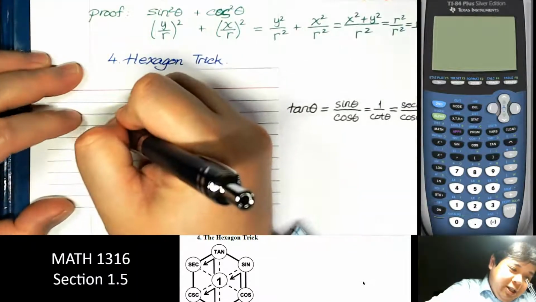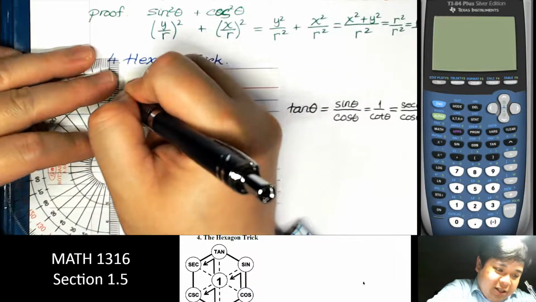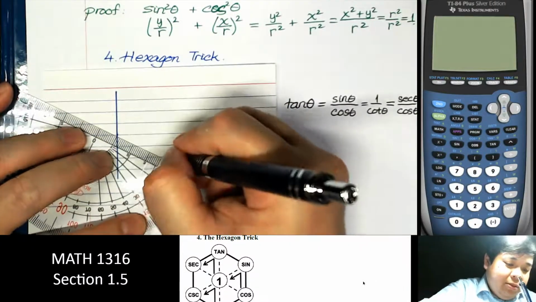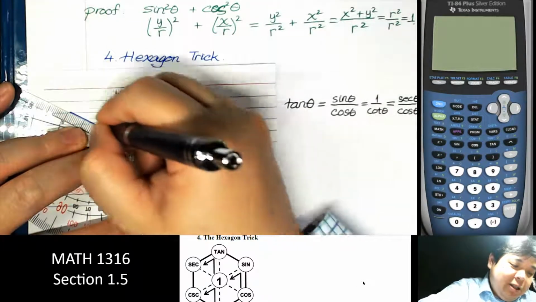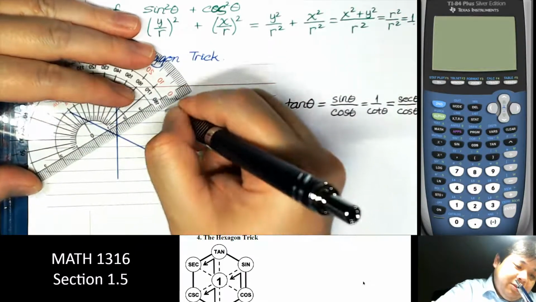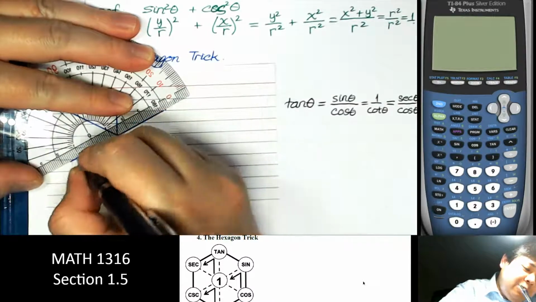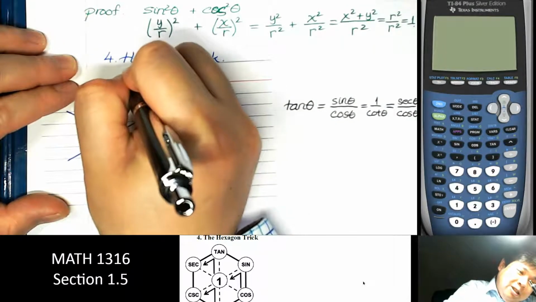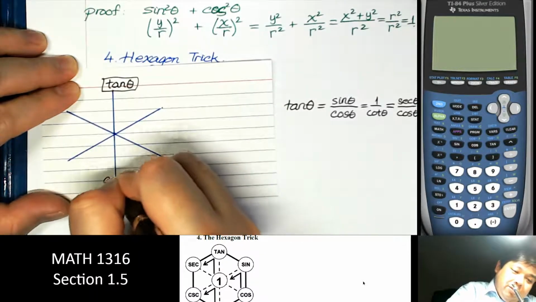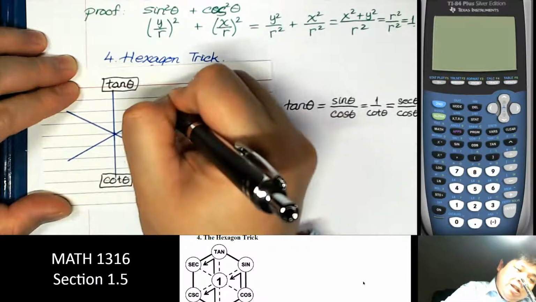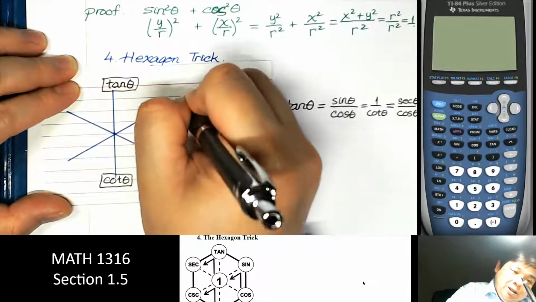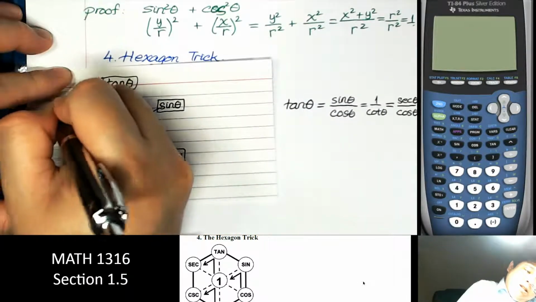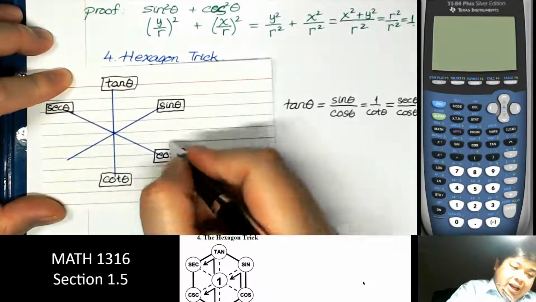I draw one big asterisk: tangent on the top, cotangent at the bottom, and then sine, cosine, opposite will be secant, and cosecant.